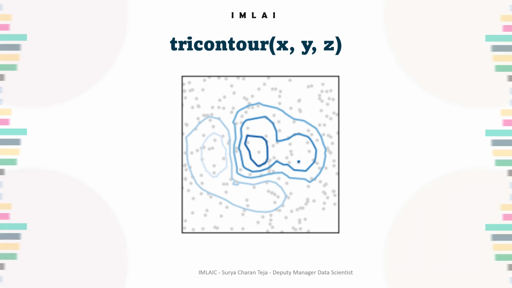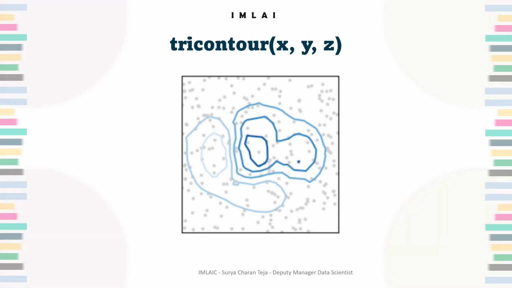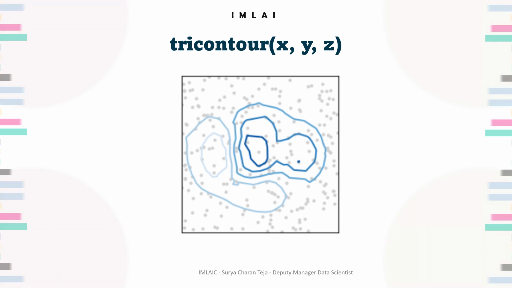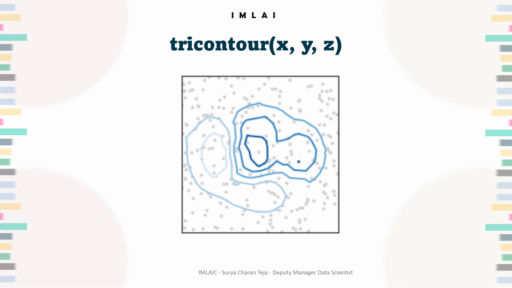This parameter is a matplotlib dot triangulation object. Then we have capital Z. This parameter is the array of values to contour, one per point in the triangulation. Then we'll have a lot of keyword arguments. This parameter is text properties that is used to control the appearance of the labels.